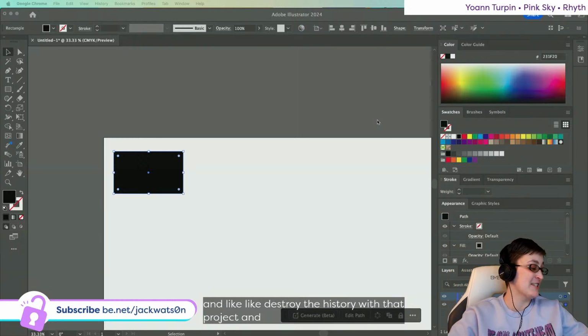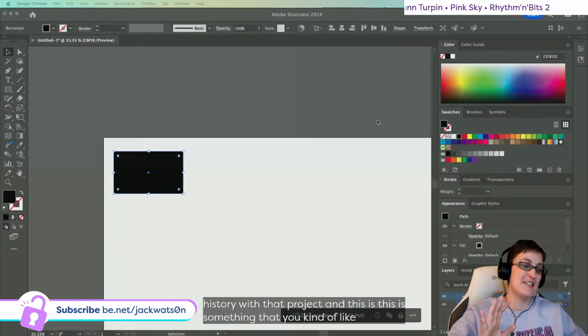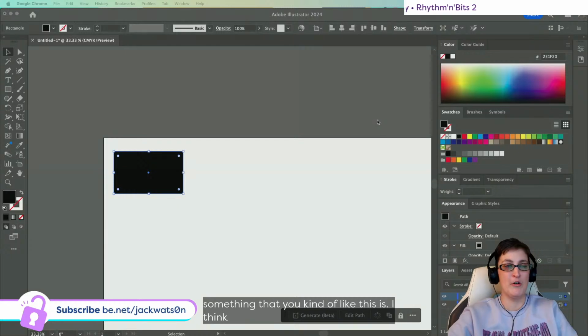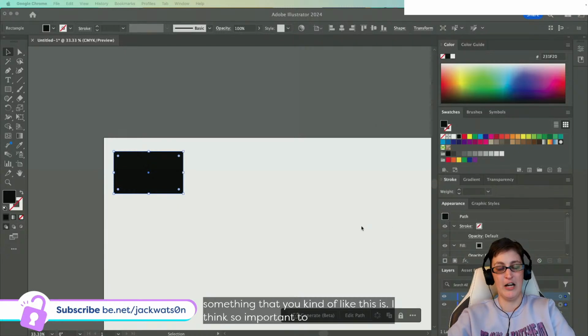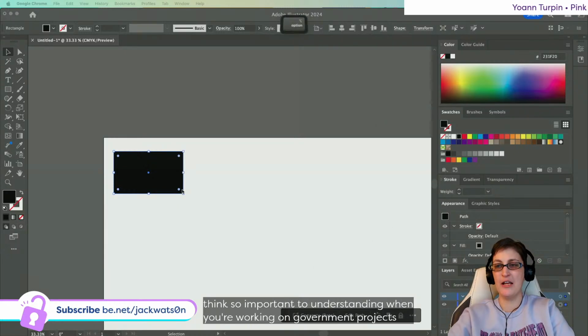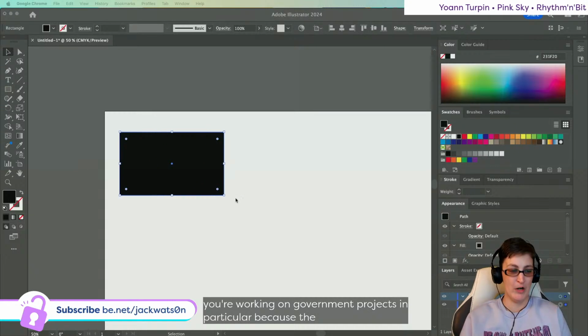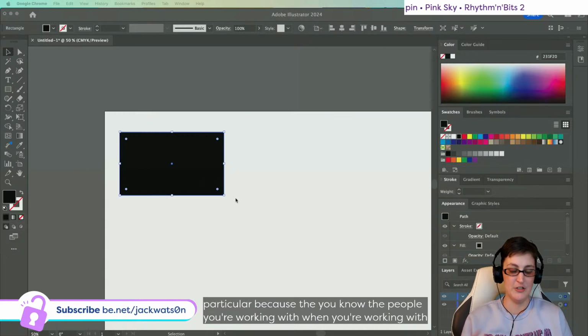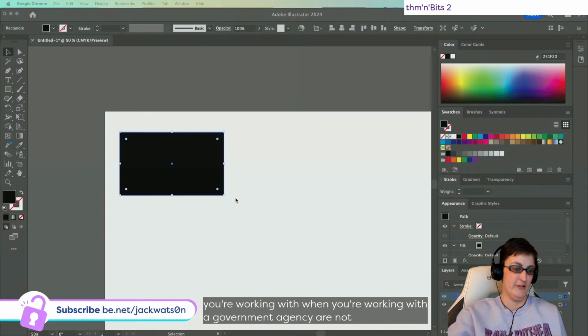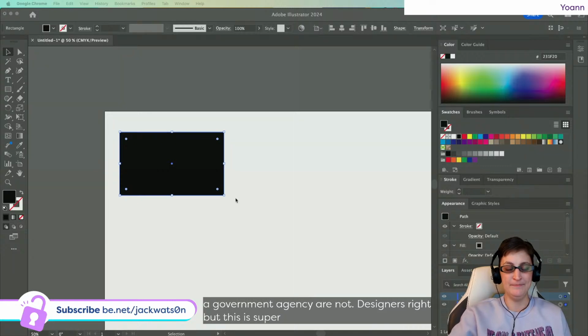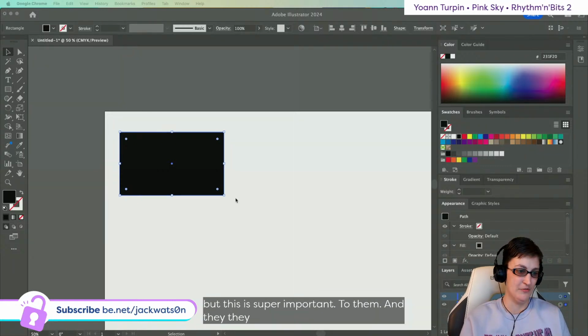I think this is so important to understand when you're working on government projects in particular, because the people you're working with in a government agency are not designers, right? But this is super important to them, and they want to be involved on a design level.